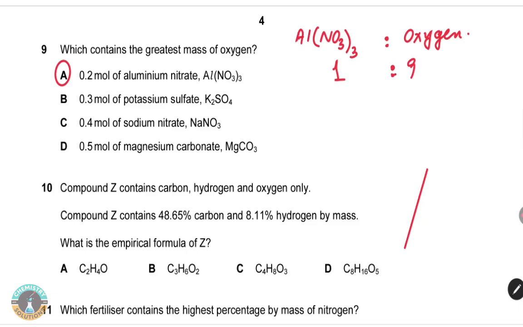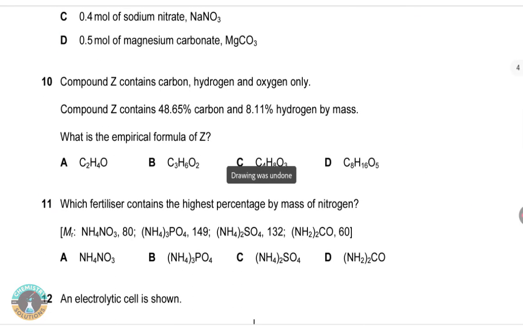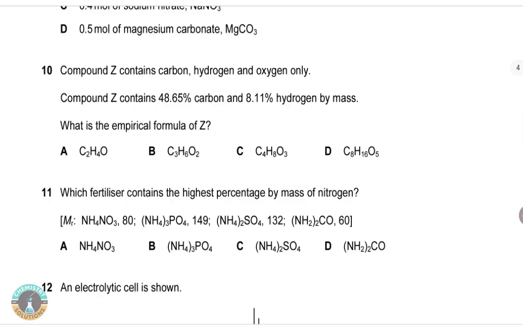MCQ number 10. Compound Z contains carbon, hydrogen and oxygen only. What is the empirical formula of Z? So let's calculate the empirical formula.